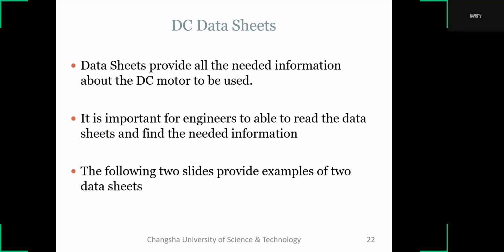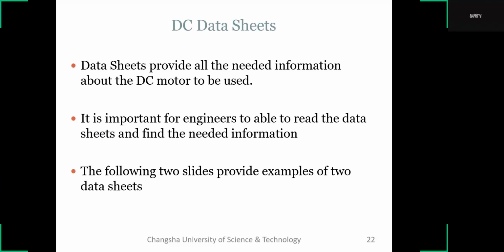DC motor data sheet. When we select some kind of DC motor, we need to know the data sheet for the motor. This sheet is provided by the company.